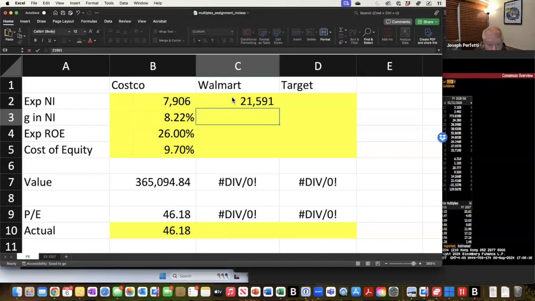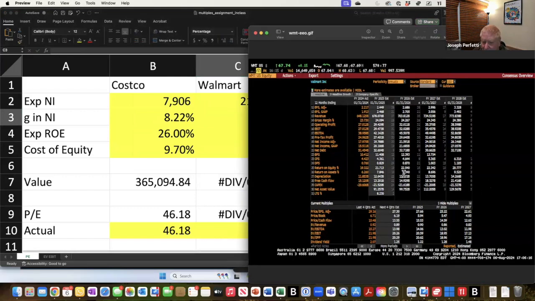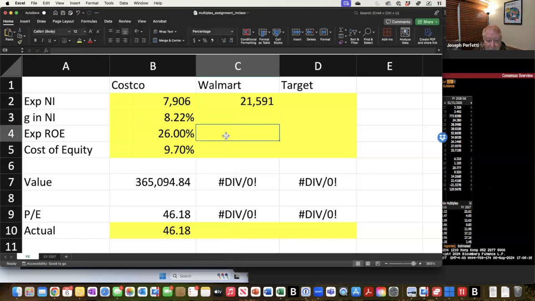Return on equity for Walmart is right here. Last year, 19%, then 22, 22 and a half, 22, 21. So 21 to 22, say 21 and a half. These are fairly consistent earners.